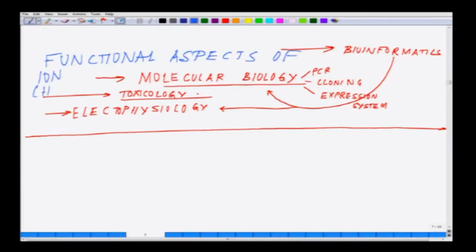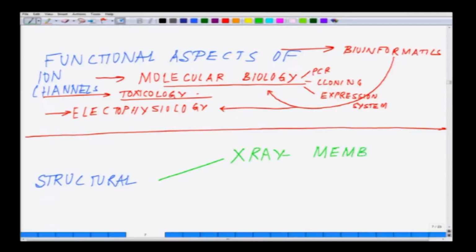Okay. So, these functional aspects of ion channels could be correlated with the structural aspects. On the structural side, simultaneously, you are moving with techniques like X-ray. So, one of the very hot areas is membrane channel crystallography.